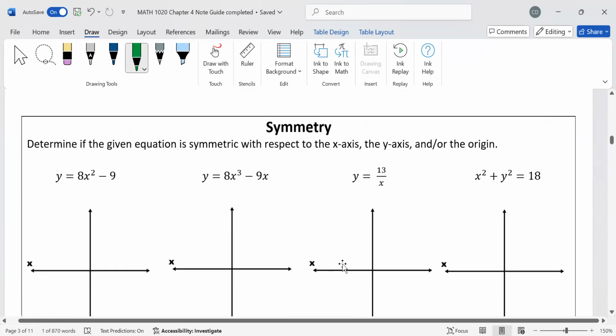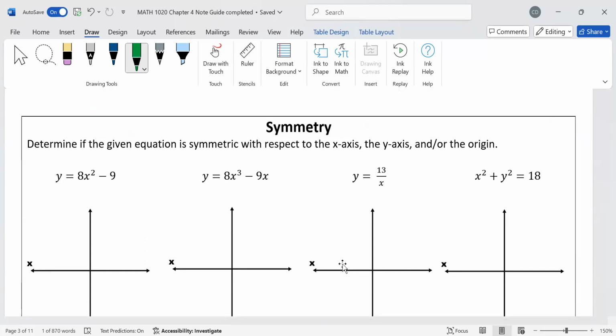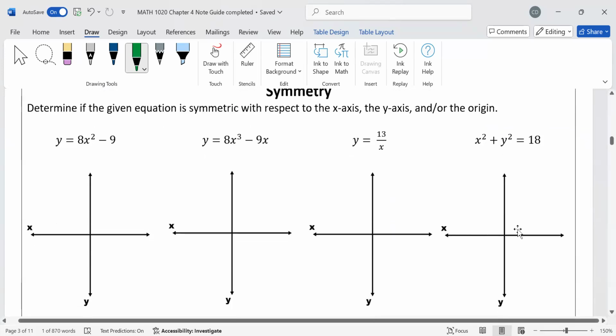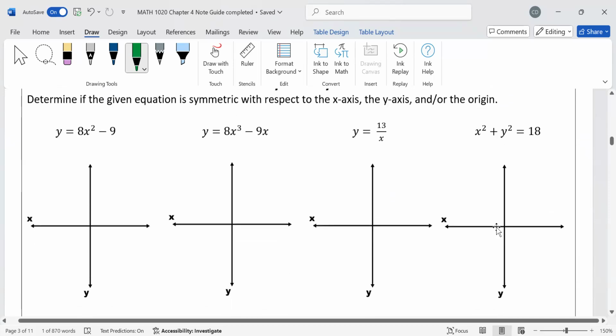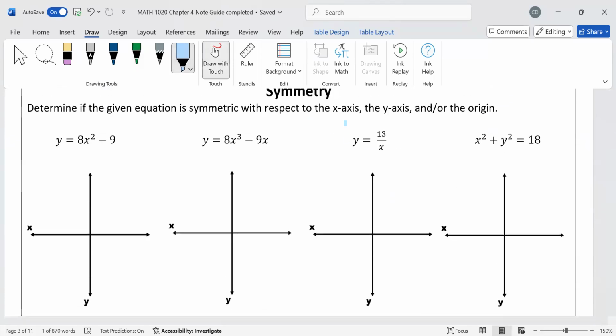All right, so now we're going to look at symmetry. There are ways to find symmetry algebraically. It's kind of a pain. I'm just going to show you visually how you can determine symmetry. So basically, if it's symmetric to the x-axis, if you fold it on the x-axis like a sheet of paper, then you will have a mirror image.